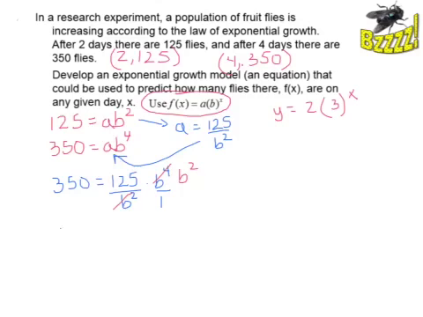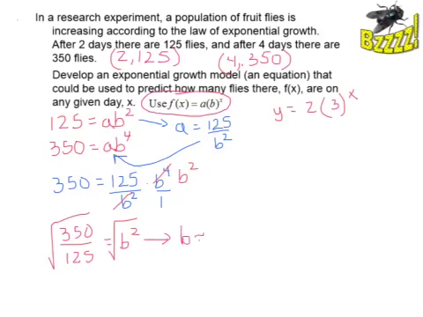Divide both sides by 125 and 350 over 125 equals b squared. Square root of that, I don't need to do a plus or minus because it wouldn't make sense to have a negative growth rate.